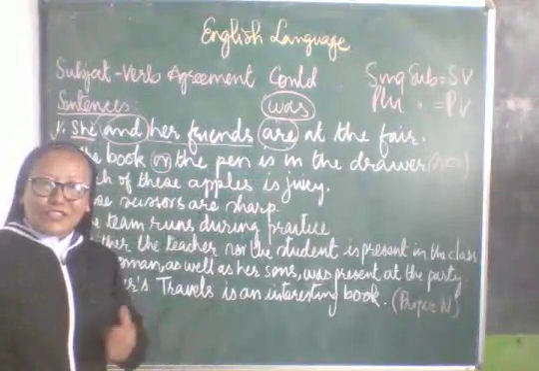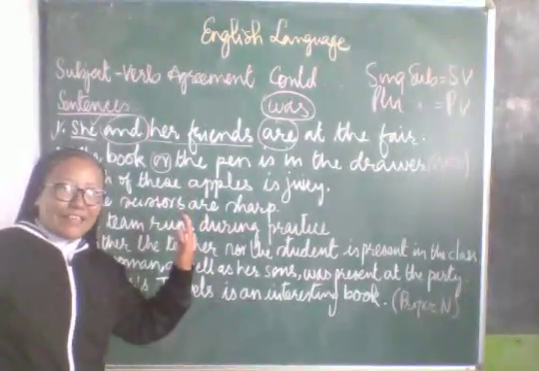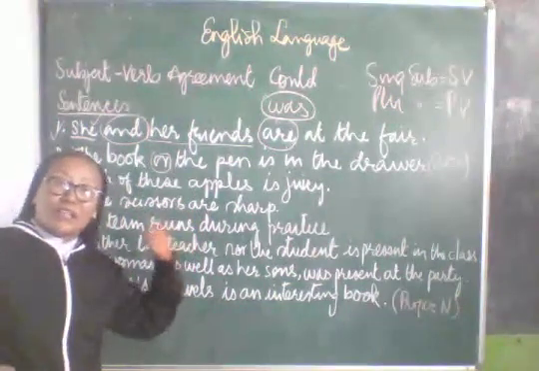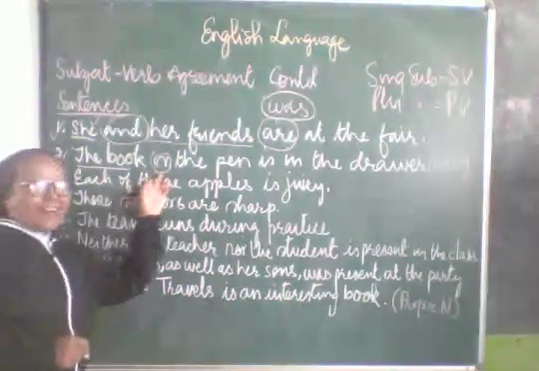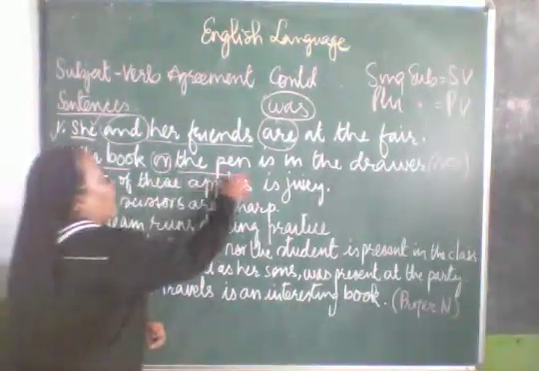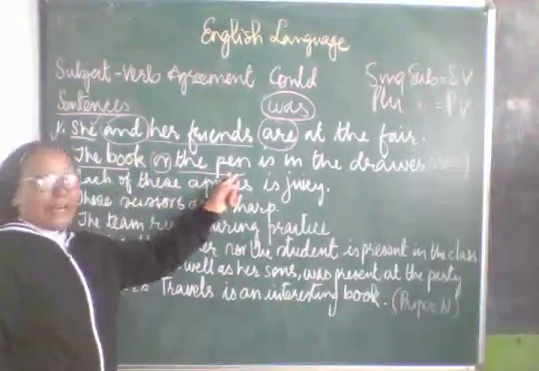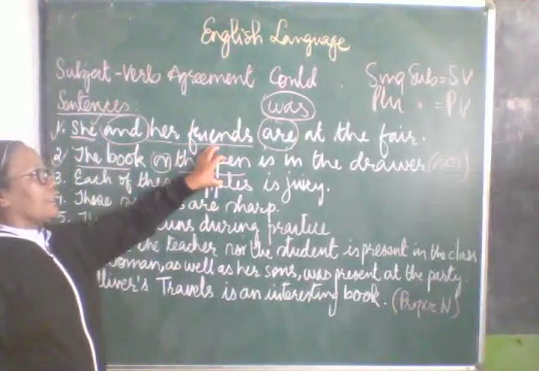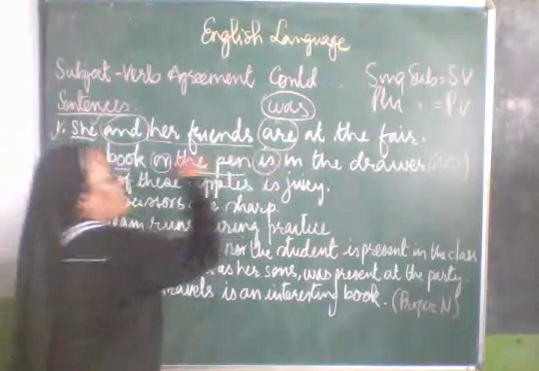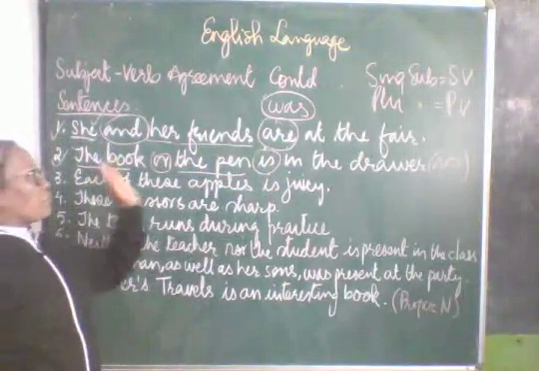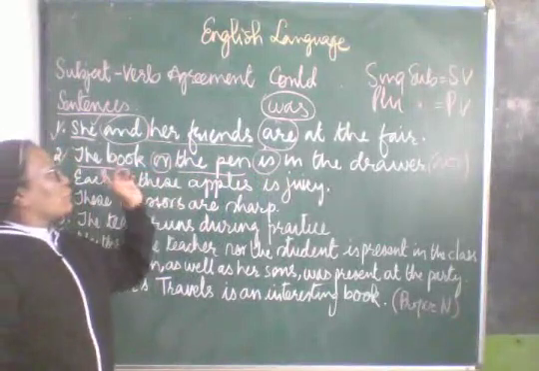So when I hear the word or, that means either this or that. That shows a singular subject. The book or the pen, that means a single one. This or this is in the drawer. See, the verb here is is. The pen is in the drawer, single, or the book is in the drawer.